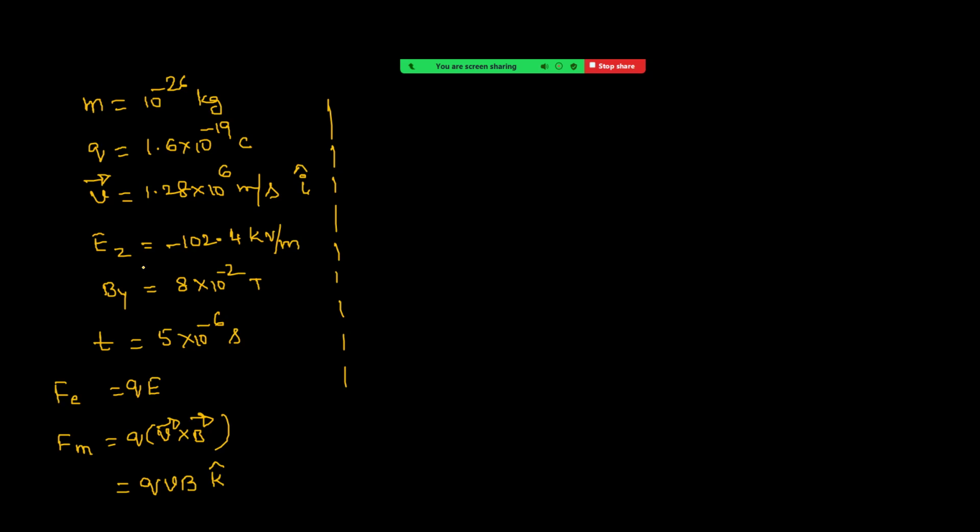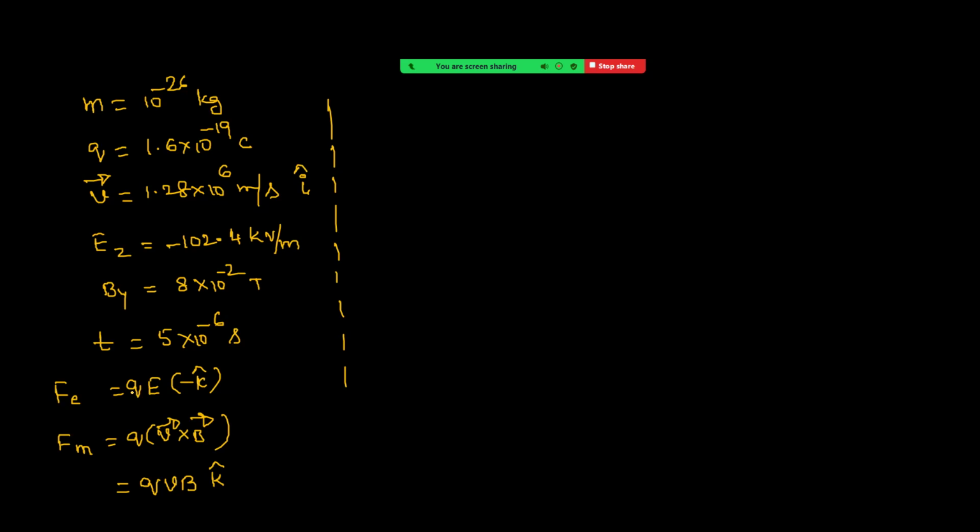And coming to the electric field, it is along the negative z direction, right? That means the force will be along the negative z axis, so minus k cap. You can see here the magnetic force is along k cap, the electric force along negative k cap. So positive z, negative z. And see the calculation part carefully. The value of qE: q is 1.6, E value is 102.4.